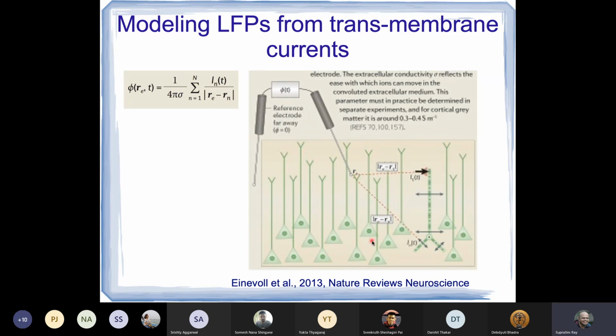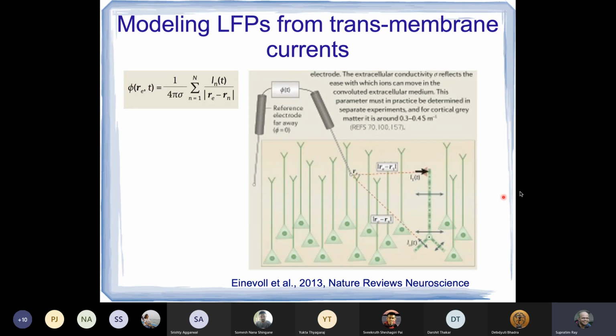Even if they fail to elicit an action potential, whenever ion channels open and current goes through, sources and sinks are going to be produced. So you will see a potential here, even if you prevent all these neurons from firing action potentials. As long as the previous neurons that these neurons are connected to are firing action potentials and causing these ion channels to open and close, you will see a potential here. So this is because of synaptic activity, not necessarily only because of action potentials.